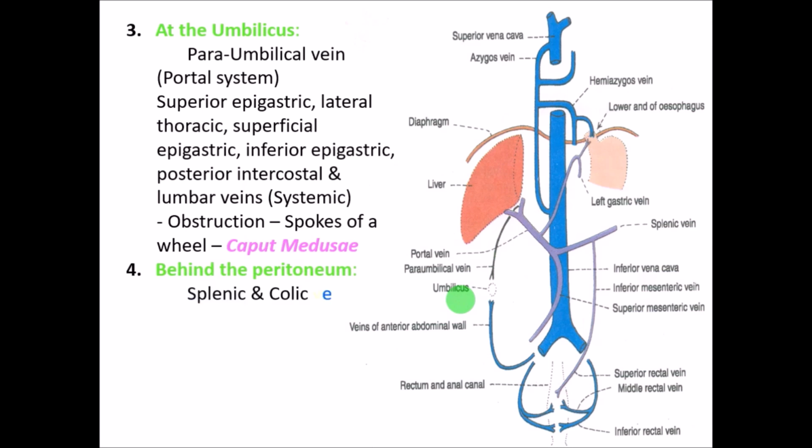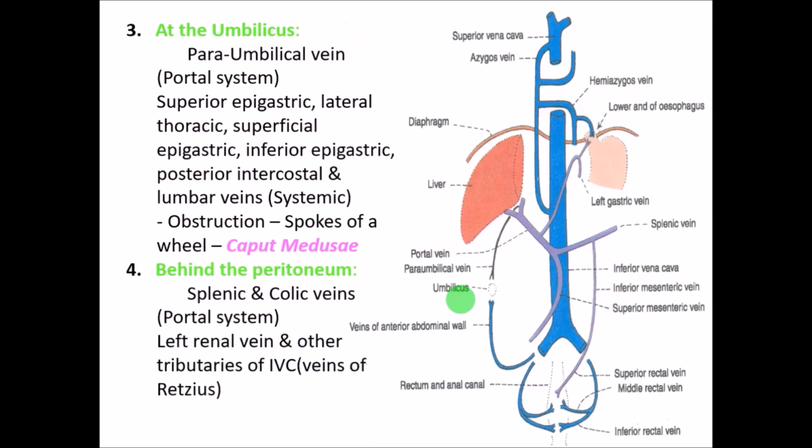Behind the peritoneum, the splenic and colic veins, which are part of the portal system, try to communicate with the left renal vein and other tributaries of the inferior vena cava, the veins of the ribs.